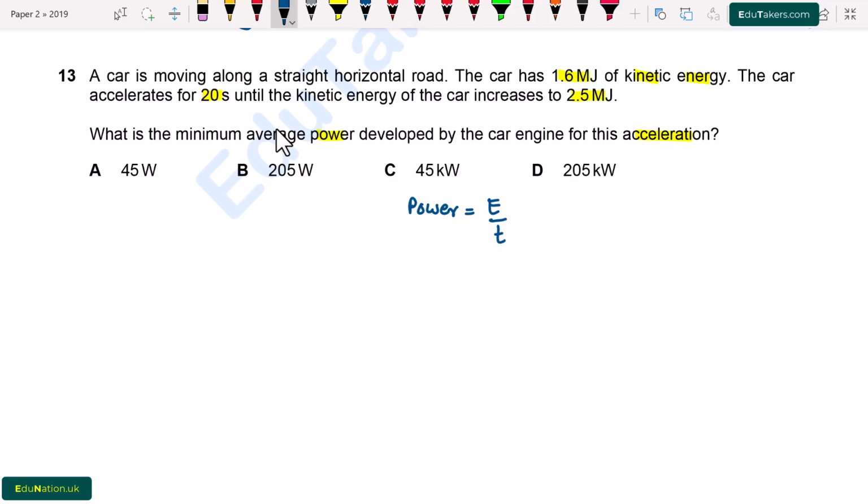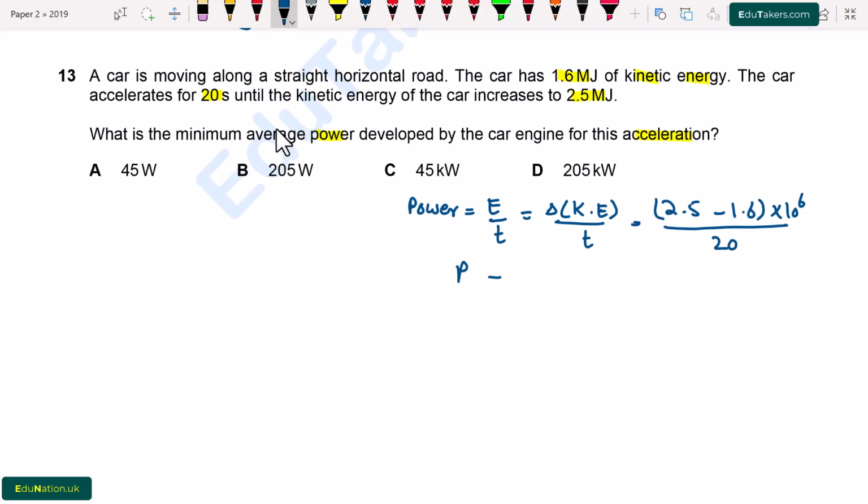We are given kinetic energy, and when the car accelerates, the value of kinetic energy also changes. So I write here change in kinetic energy divided by time. Change in kinetic energy will be 2.5 minus 1.6 multiplied by 10 to the power 6. 10 to the power 6 is basically for mega, divided by time, which is given 20 seconds.